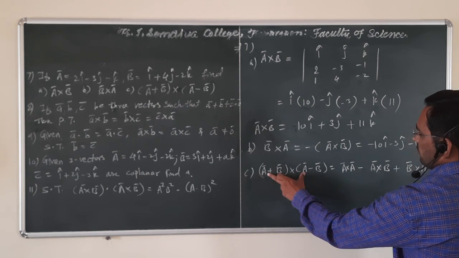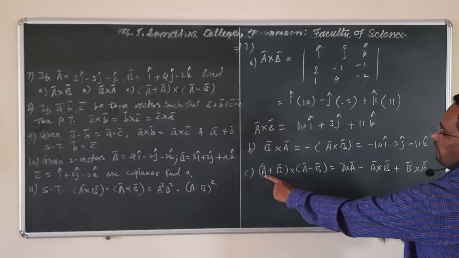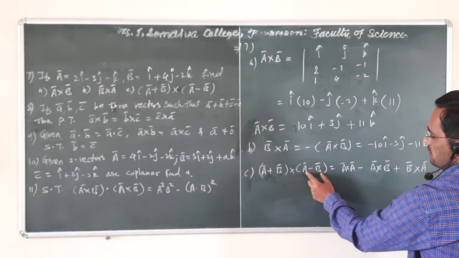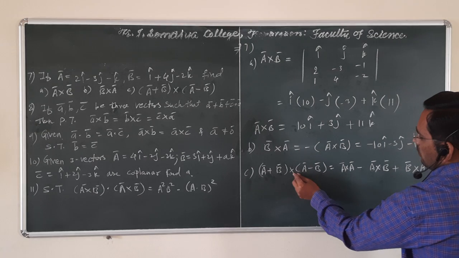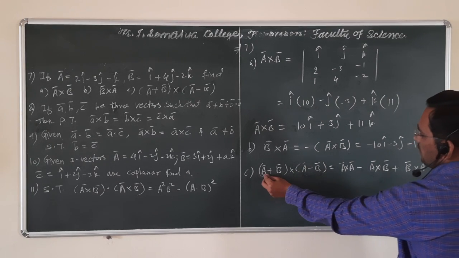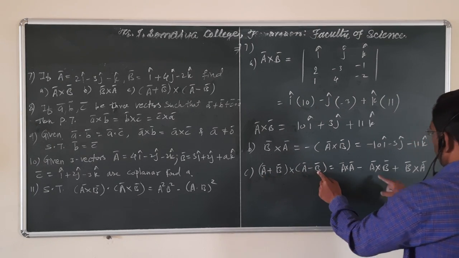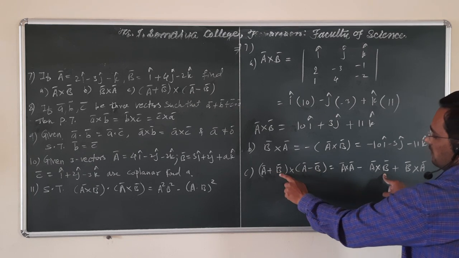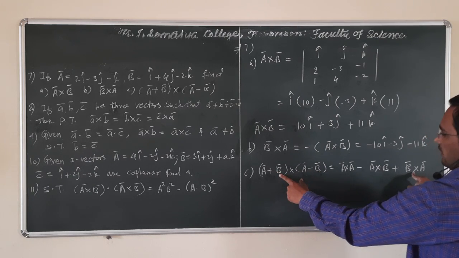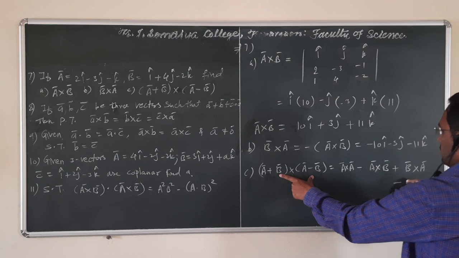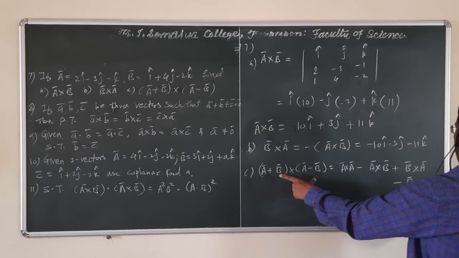Second term, if you multiply this A to this term, that will become A crossed with A, then minus A crossed with B. So the next term is vector B crossed with vector A and minus vector B crossed with vector B.